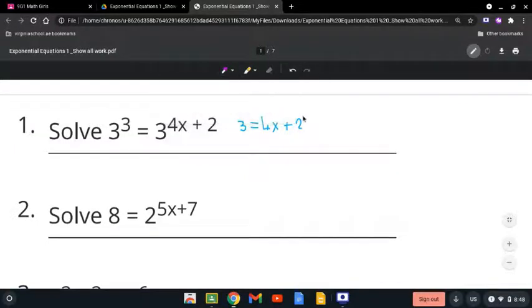And now what we want to do is leave x alone. By doing that, we can subtract or add a number from both sides to cancel a number. So here we have plus 2. What we're going to do is subtract 2 from both sides.